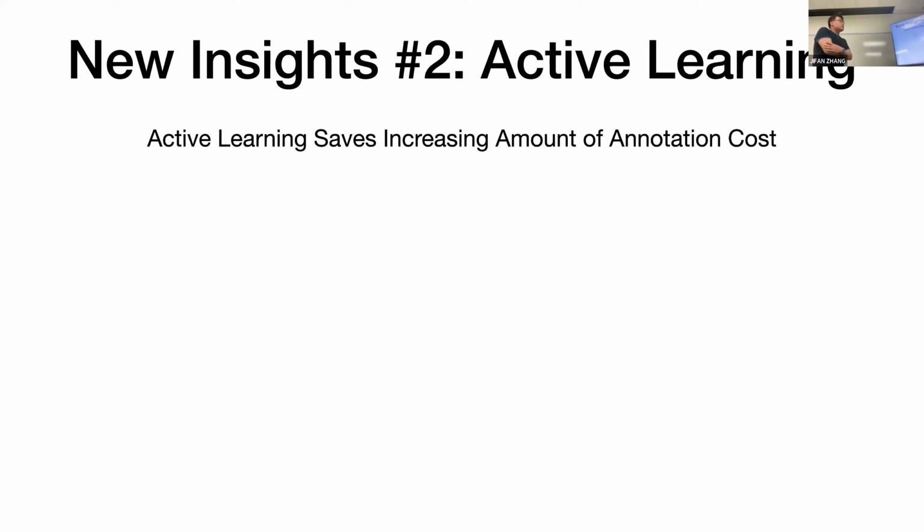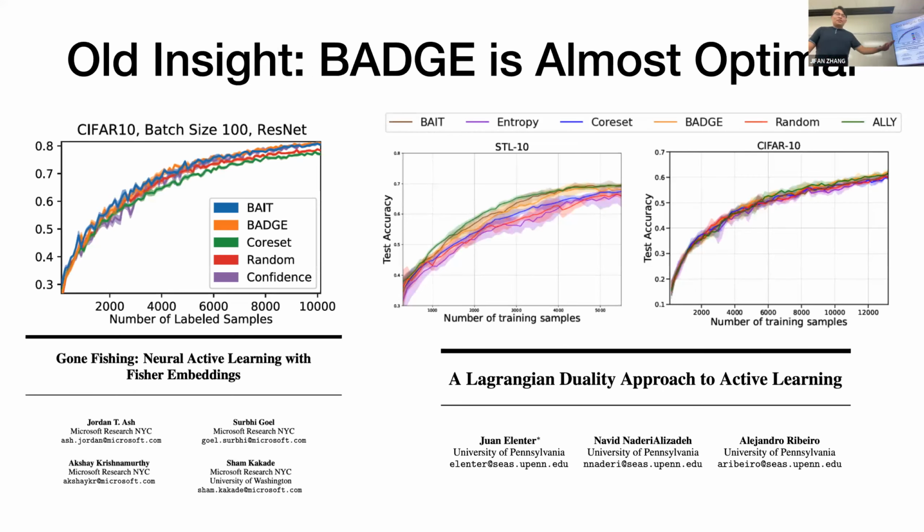There are other insights that are more particular to active learning. I know most of the audience here are not in active learning, so I will just give you some background. Before LabelBench, for the past 5 years I worked on active learning, and it's super depressing, because in 2019 there was this paper called Badge, proposed by Jordan Ash, a researcher at MSR.